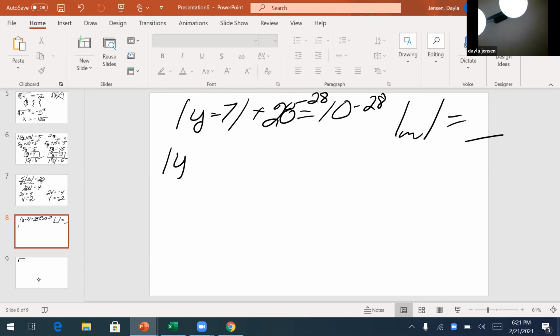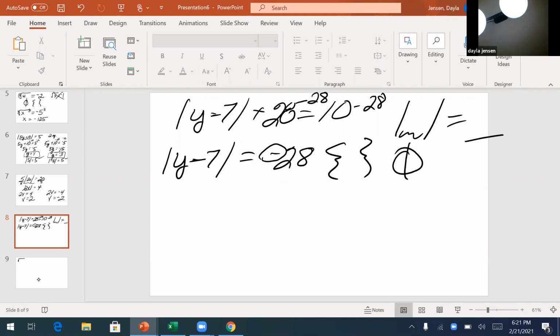So the absolute value of y - 7, we're saying, is equal to -28. Well, we can stop right there, because we know that if I take the absolute value of anything, I'm going to get a positive number. I'm not going to ever get -28. So there's my empty set again. This cannot be a true statement if that's my original problem.